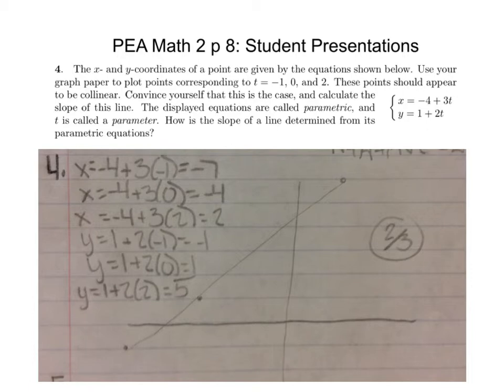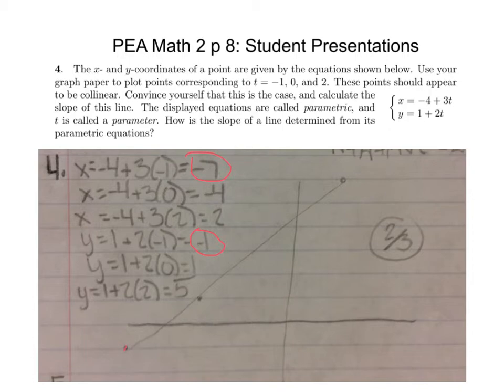Okay, can you put on the red ink? Now circle what your answer was when you plugged in -1. For x, -7, and for y, I got -1. So that point is right here.